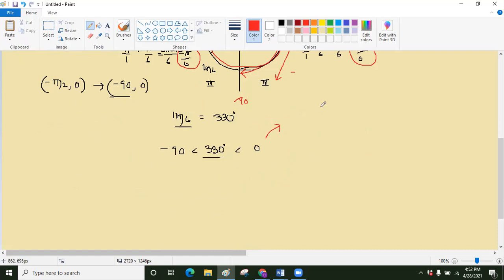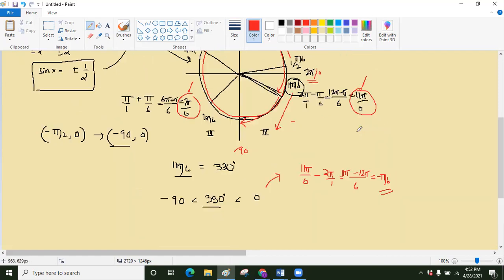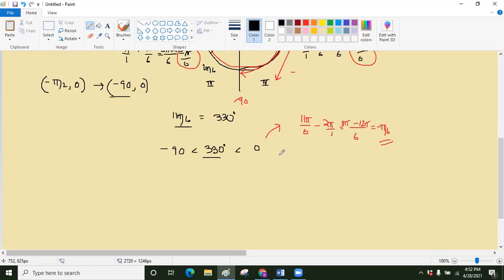So we take 11 pi over 6 and subtract 2 pi, which is 12 pi over 6, and that is equal to negative pi over 6. So we have negative pi over 6 and 11 pi over 6.